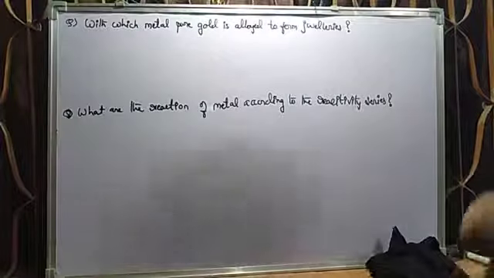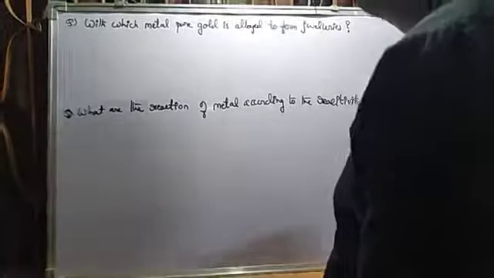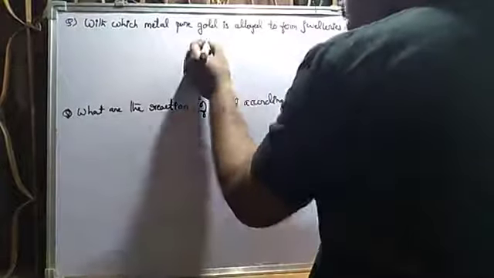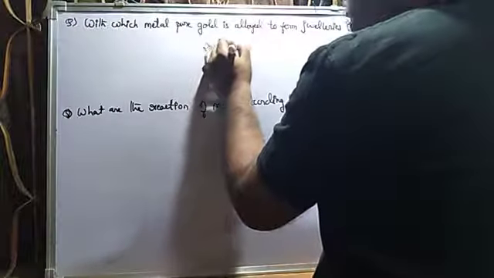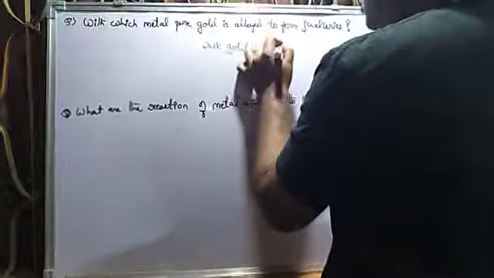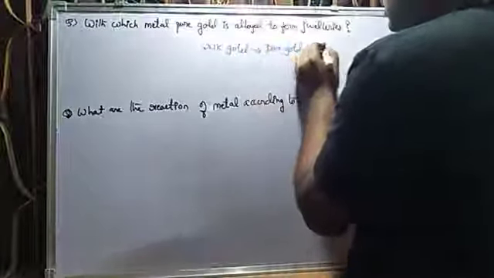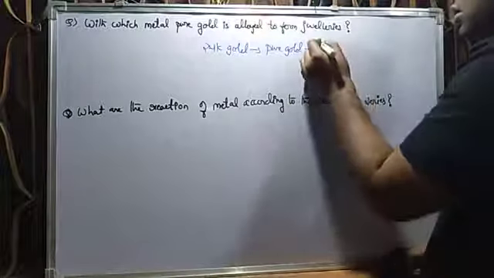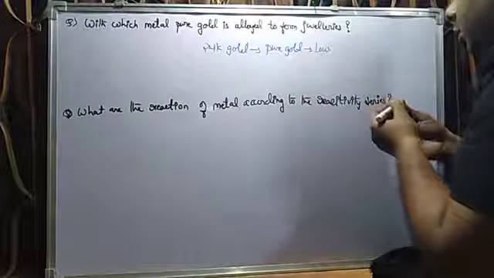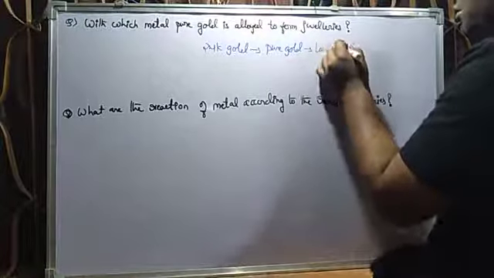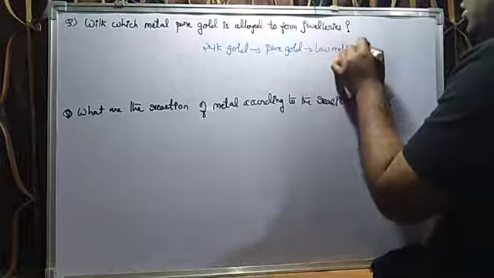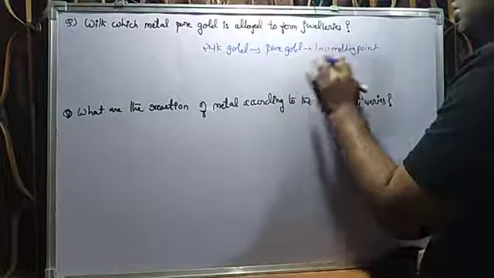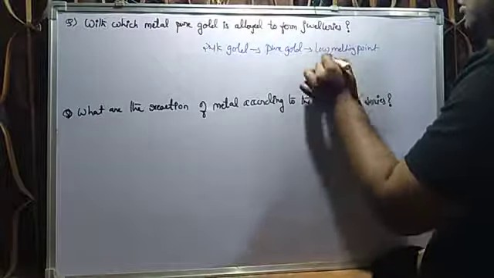Okay, the next question is asking with which metal pure gold is alloyed to form jewelries. First, 24 karat gold, which is also known as pure gold, has a very low melting point and is very soft.